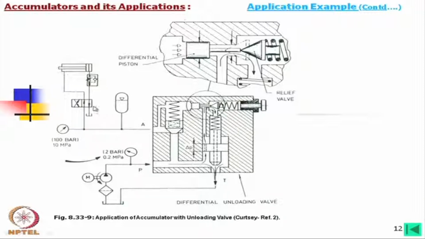Now, suppose here we have a requirement with a pressure. In that case, what will happen, this will move, this has a setting pressure, of course, by adjusting this one.